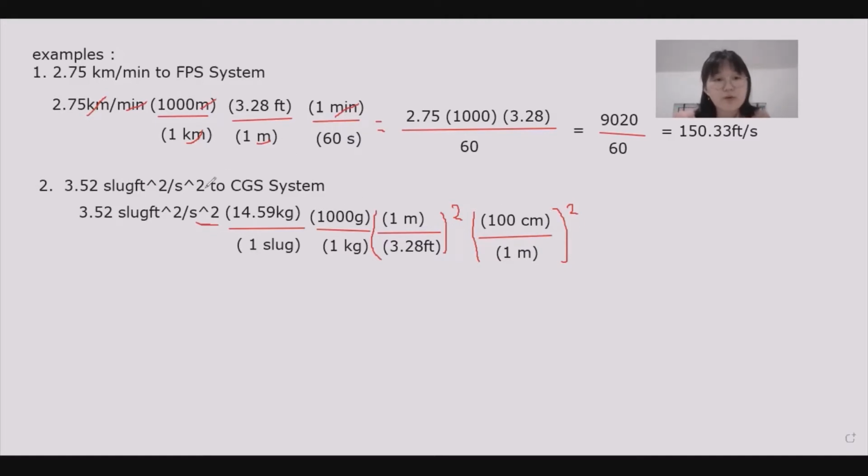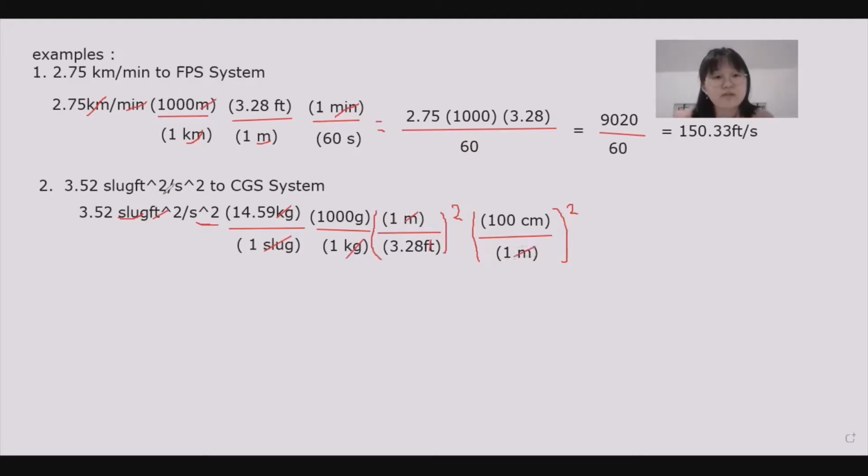So we remove slug to slug, and then kilogram to kilogram, feet to feet, meter to meter.